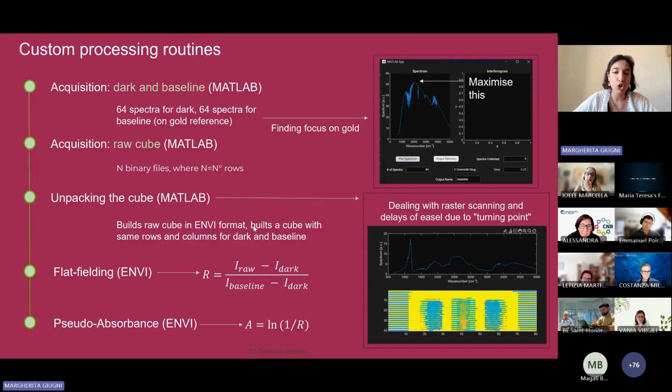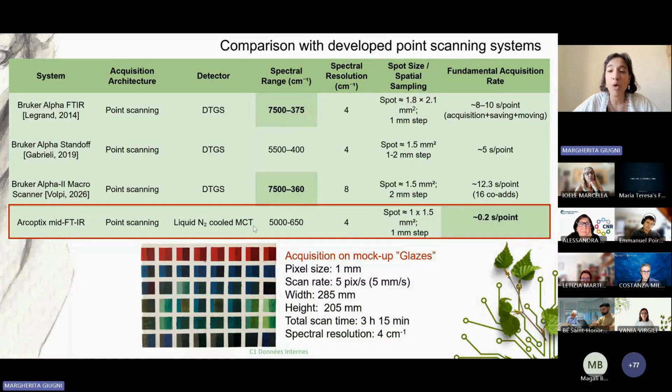After obtaining cubes for dark and baseline of the same size as the raw cube, we can flat fill this cube and then calculate the scaled absorbance, which is the quantity that we need for subsequent analysis. So at this point, where does our system stand in comparison with the previously developed one?